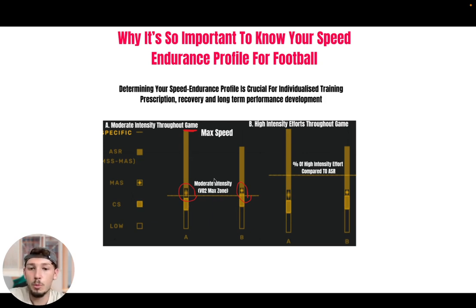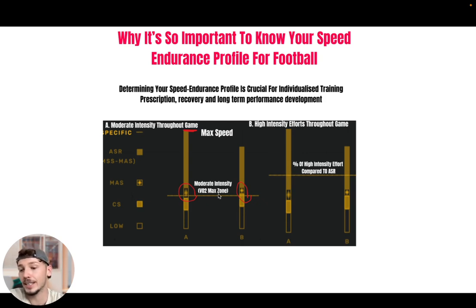Meaning, when they perform their moderate intensity exercises on the pitch, which is getting in position, jogging around the pitch, nothing too intense, which is a lot of football, their maximal aerobic speed is going to be below that moderate intensity threshold they're playing at throughout the game.